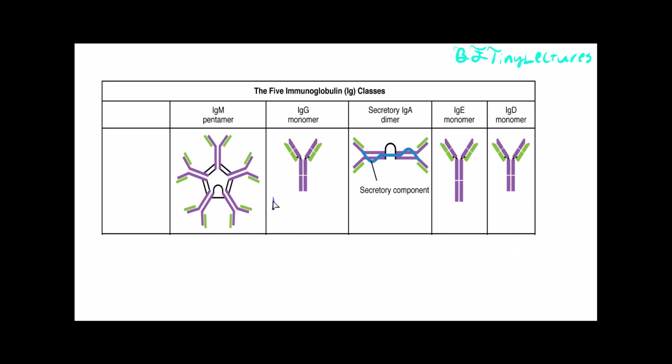When we look at the Fc binding receptor, that goes to macrophages, and that helps in opsonization. For the Fc binding region for IgE, that goes into mast cells, and that triggers an allergic reaction. They can also trigger anaphylaxis.